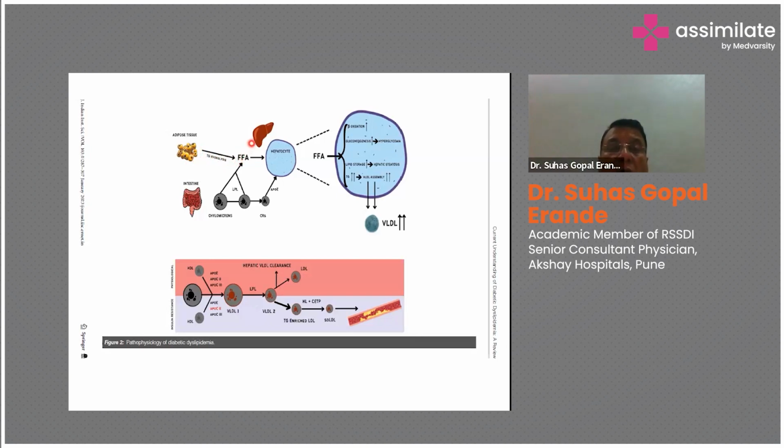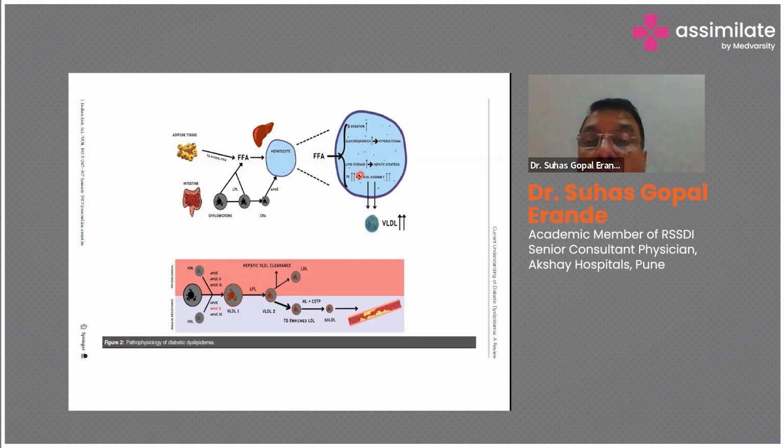So when you look at the hepatocyte, the excess influx of incoming free fatty acids can certainly cause lots of problems. If we closely see the metabolism inside the hepatocyte, there is beta oxidation, which goes up. Gluconeogenesis and thereby hyperglycemia is something which is encouraged.